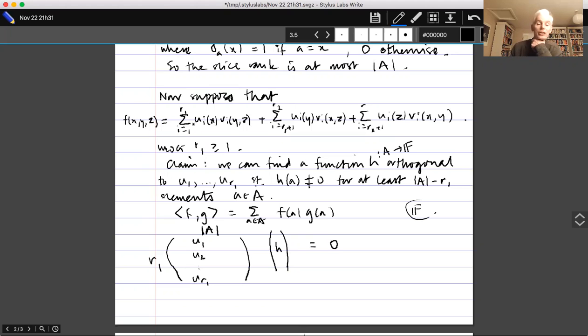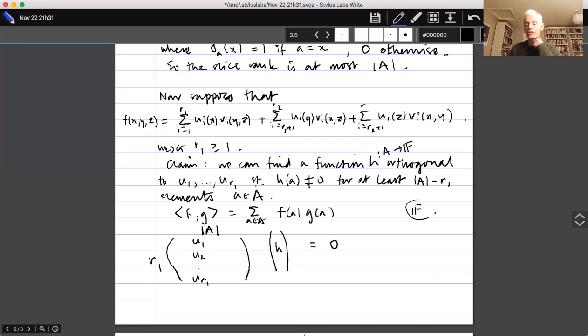Now, what was the property that H had? It was orthogonal to all these u_i(x)s. So when we sum over x, we'll get a sigma H(x) u_i(x), which will be 0. So this term is going to be killed completely when we take the inner product with H.